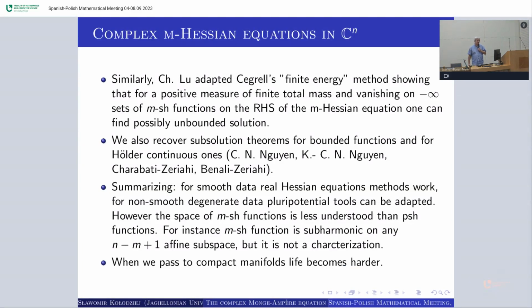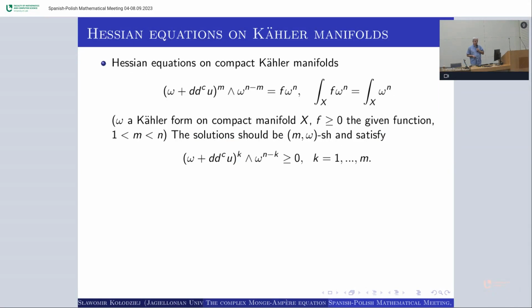And now we pass to compact Kähler manifolds. So the equation changes. It has to change because subharmonic functions on a compact complex manifold are by necessity constants only because of the maximum principle.